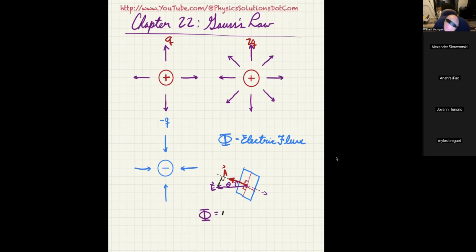So we're going to say the flux is the area A times E times cosine theta.